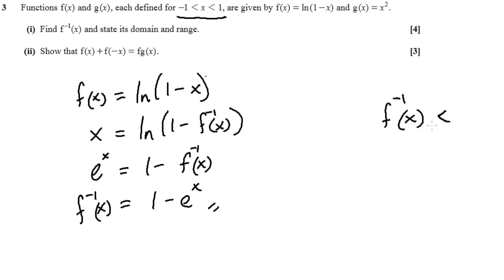has to be in between -1 and 1, and using this information we can calculate the permitted x values. So x, if you do inverse f is 1, then you get natural log of 0, which is undefined. And if you put -1, then you'll get 1 take -1, which is natural log of 2.